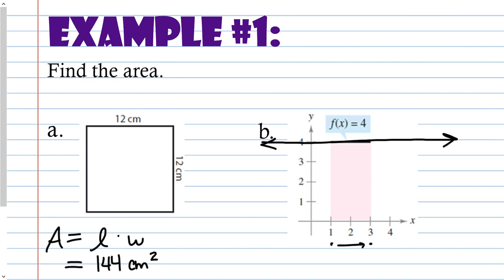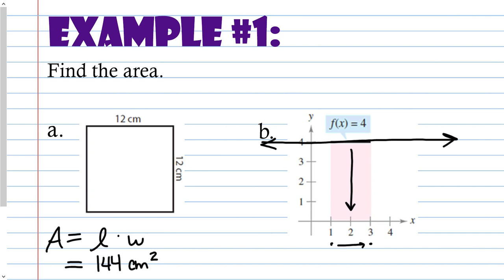So we're only looking at that section, and from the line to the x-axis, there is an area underneath this line, and that is the shaded pink part. And that's what we're looking for. We're looking for the area underneath this line from x equals 1 to x equals 3.